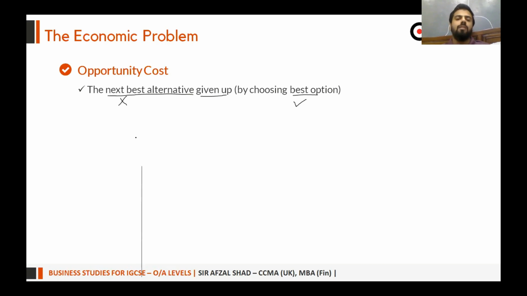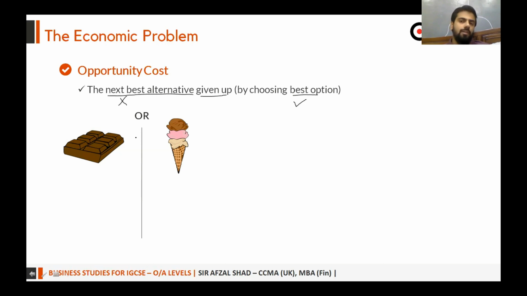Let's see some examples. Suppose you have got 50 rupees in your pocket, or you can say $5. If you have a limited amount of money in your pocket, and you can have either an ice cream with that amount or a chocolate, what are you going to choose? Maybe it's summer season, it's quite a temperate environment, and you would love to have an ice cream at that point.